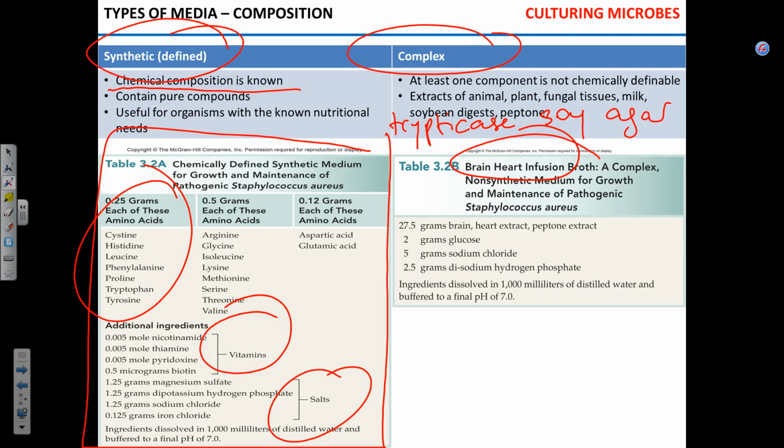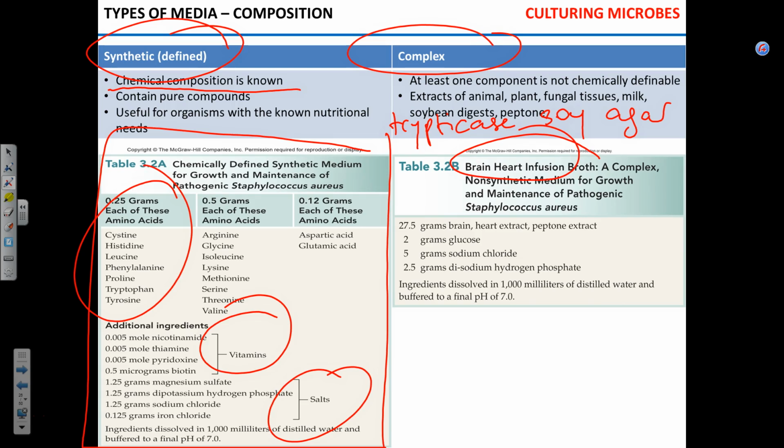So it's an extract of proteins from soybeans. And those proteins are partially digested by the trypsin. There's no way we know the chemical composition of it. But we know that there is a lot of stuff in that medium which will support microbes with different nutritional requirements. Does that make sense?